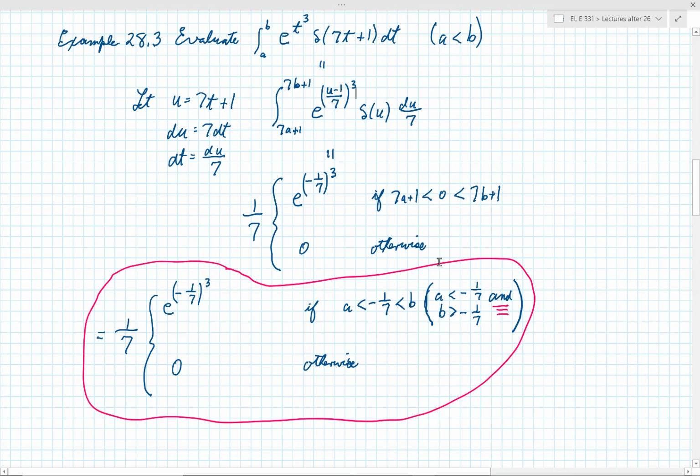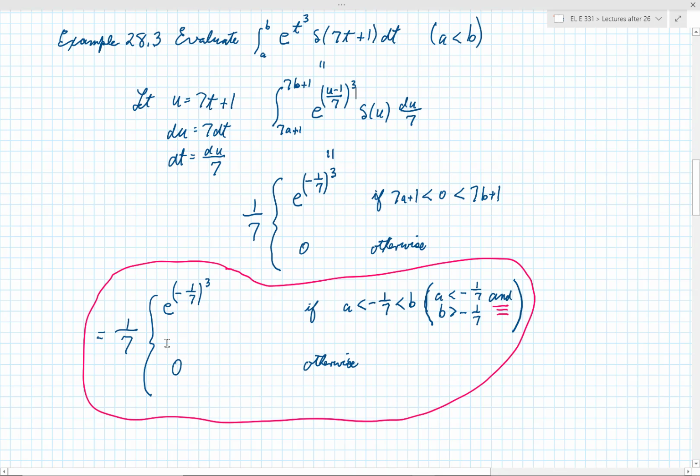As a final step, since our original problem was expressed in terms of a and b rather than 7a plus 1 and 7b plus 1, it would be convenient to convert this restriction into restrictions on a and b, and we can easily do that by subtracting 1 all the way across and then dividing by 7.